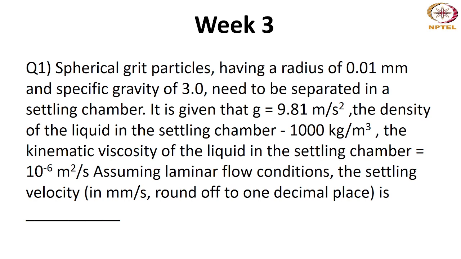So it is water, you can say, and the kinematic viscosity of the liquid in the settling chamber is 10 to the power minus 6 meter square per second. You have to assume the laminar flow condition and now calculate the settling velocity. You can refer to your notes or your books for the formula if you cannot remember.